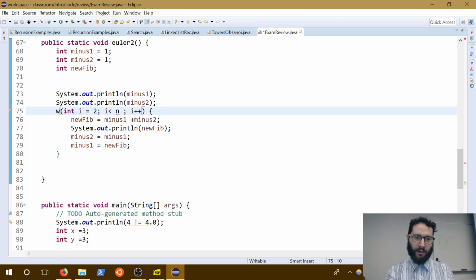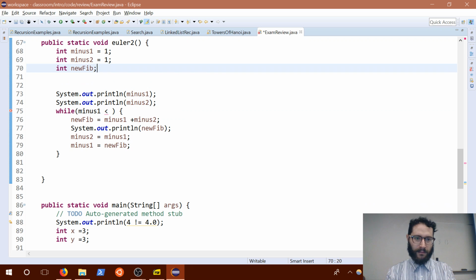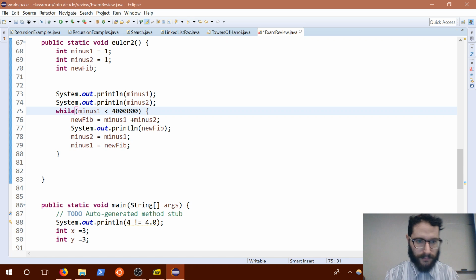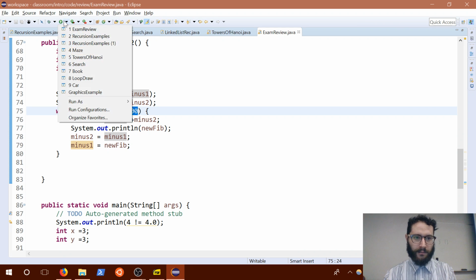We don't need a for loop anymore. It's simply a while, let's see, let's say minus 1 is less than 4 million. Okay. So this will print out all the terms that are less than 4 million.